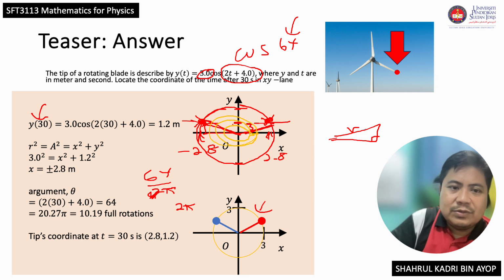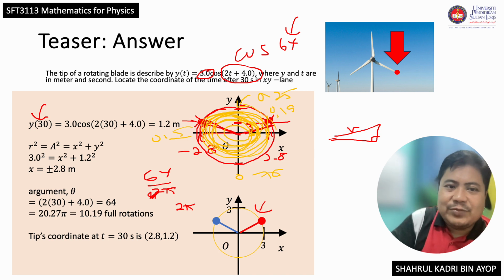So 1, 2, 3, 4, 5, 6, 7, 8, 9, 10, and then a little bit, 0.19 rotation. Here is 0.25, here is 0.5, here is 0.75 rotation. So this is actually in the first quadrant.